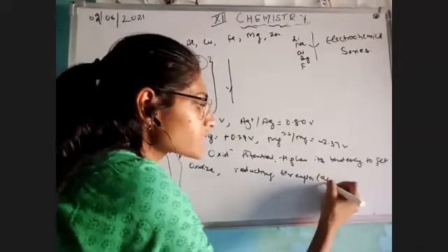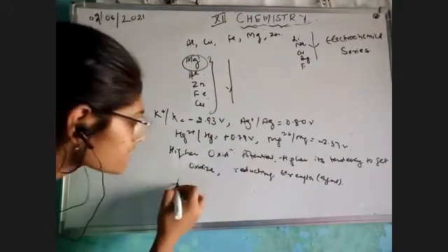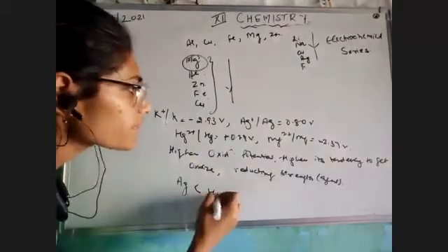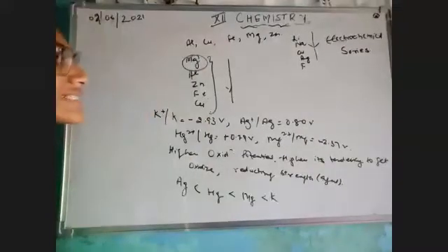Or reducing agent power is also high. So we can arrange them in the order of the power. We can see that silver is the least, then mercury, magnesium, and then potassium.